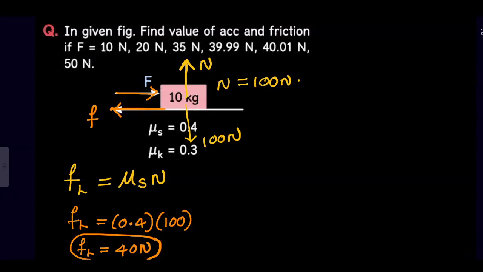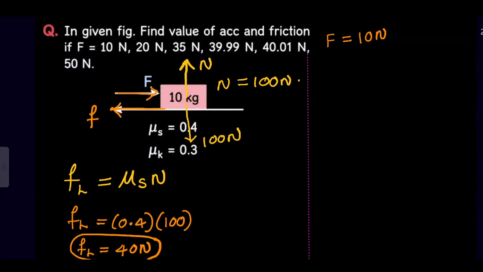Now in this case we apply different forces. Let us say in the first case, we applied 10 newtons of force to the right side. And how much is the frictional force?